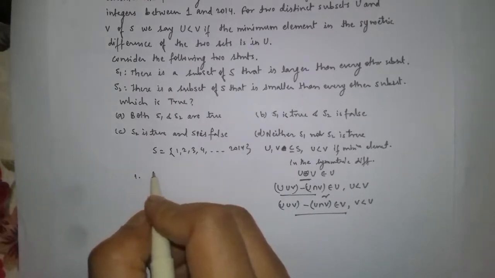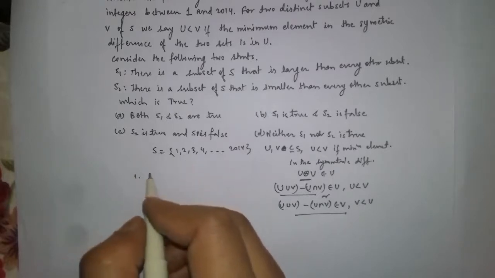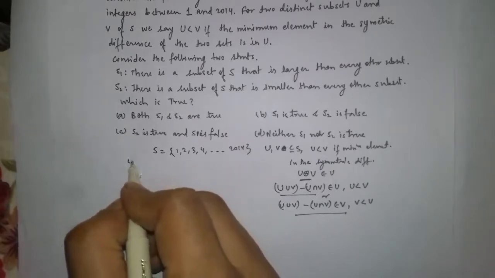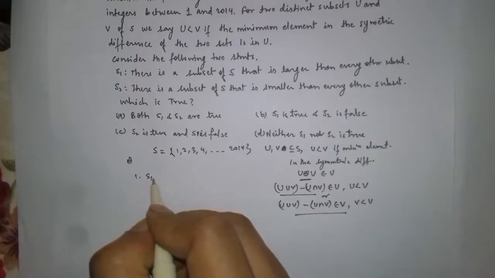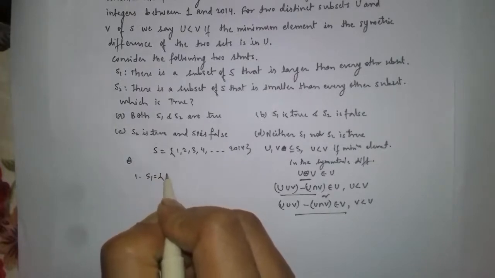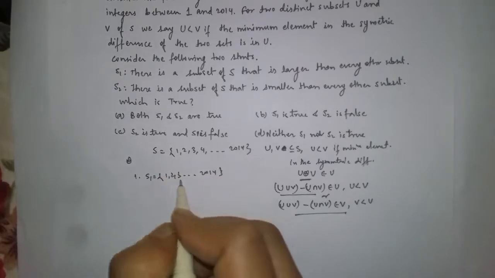Since we know that every set S and the empty set phi are trivial subsets, I am taking the first set S1 equal to 1, 2, 3 up to 2014 itself.